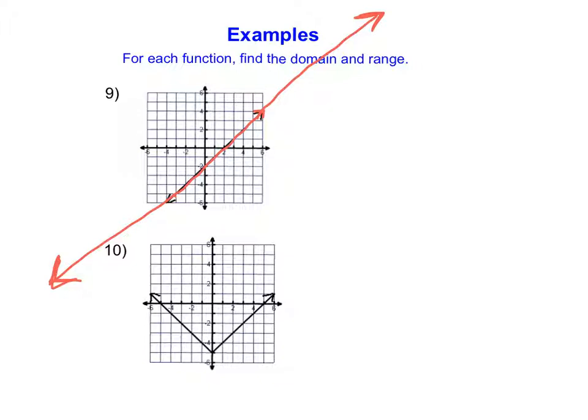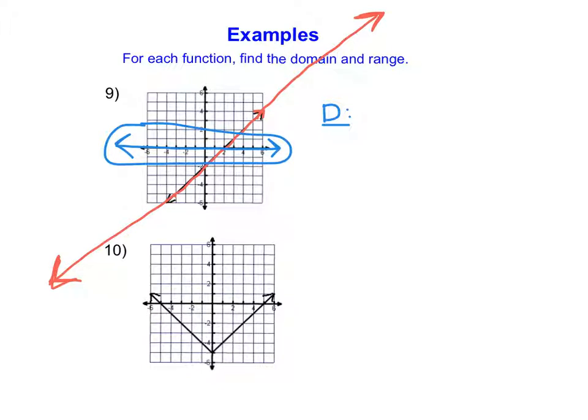So if we're going to sit down and think about, okay, what are the possible x values that we need to make points on this graph? Well, essentially what's happening is this graph is going forever to the right and forever to the left because it's angled and it's going up and down, right and left forever. So if you have something like this where you have x values and you're going forever in both directions, what this is telling you is that you're using every x value that you could possibly use on this graph that continues forever in both directions.